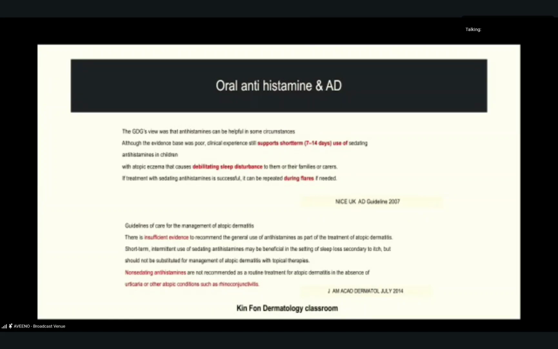Let's say a patient with atopic eczema, later in their life they develop rhinoconjunctivitis, you can use it, or they develop cholinergic urticaria, again, you can use the non-sedating antihistamine half an hour before they go out for exercise to reduce the risk of getting the urticaria during hot shower or during exercise, which we call cholinergic urticaria.